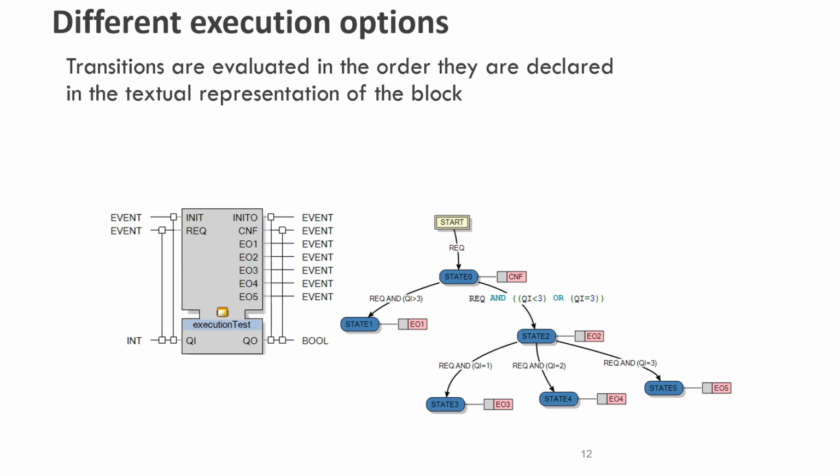What are the options for execution in this function block? As it is defined in the standard, the transitions are evaluated in the order they are declared in the textual representation of the block. So in addition to this graphical representation, there is an XML format.